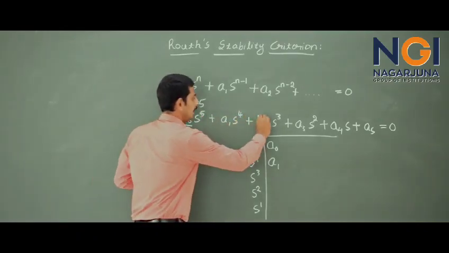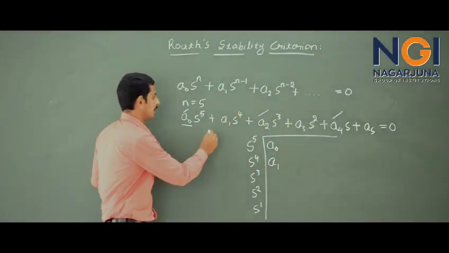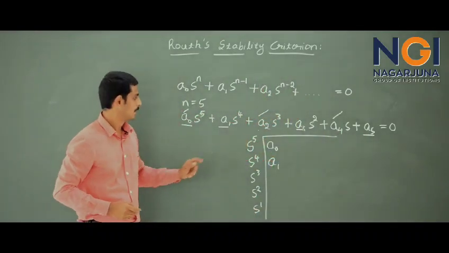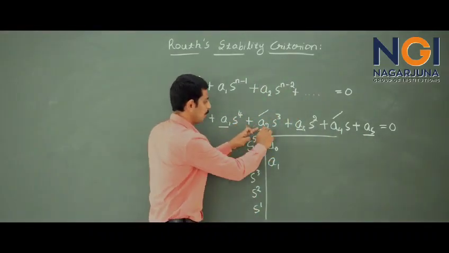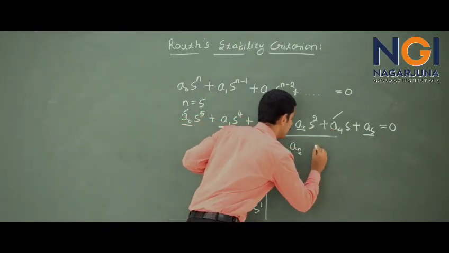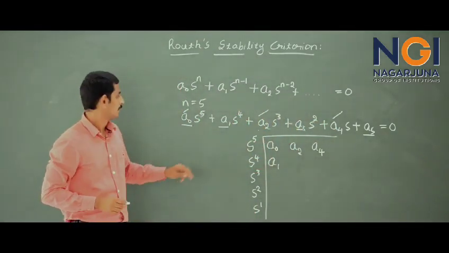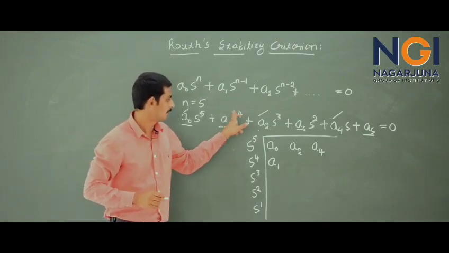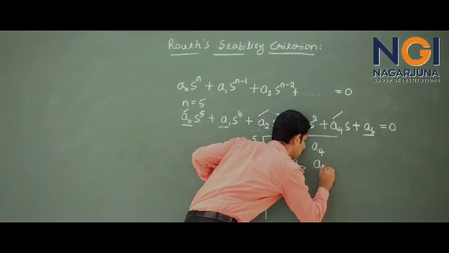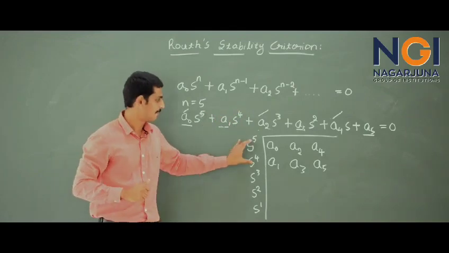So a0, a2 and a4 all come in the first row, and a1, a3 as well as a5 come in the second row. After a0, the alternate coefficient is a2, and the next alternate coefficient is a4, both in the first row. Similarly, in the second row, first I have a1, and after that the alternate coefficients a3 and a5. Like this, I have taken the coefficients of the characteristic equation in the first two rows.